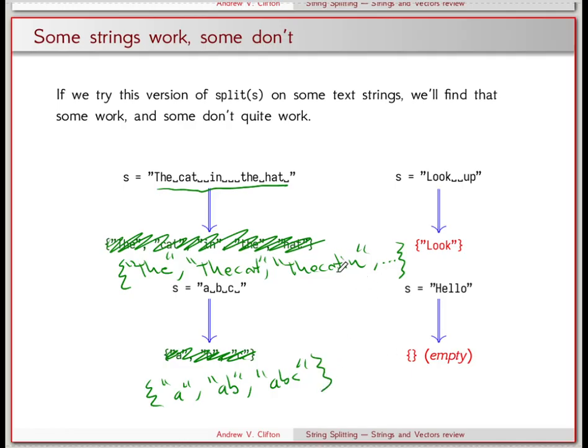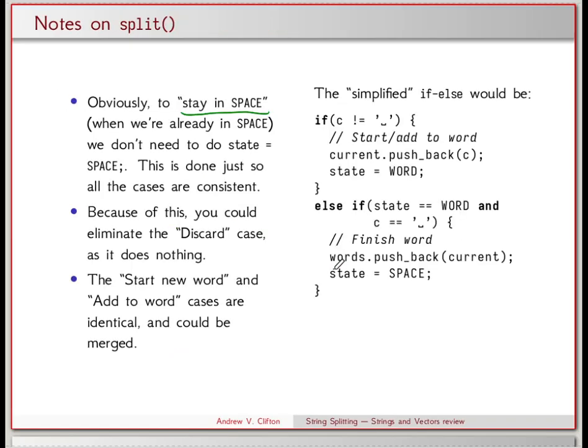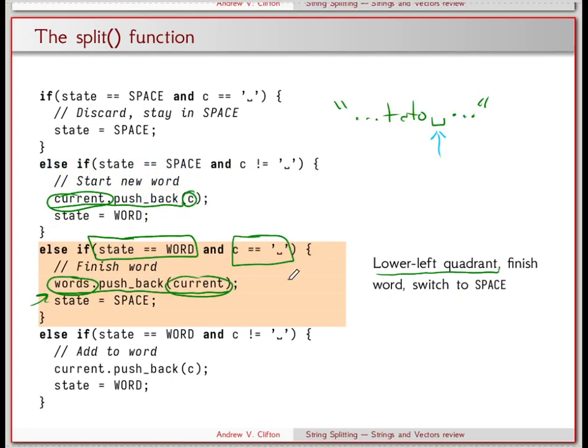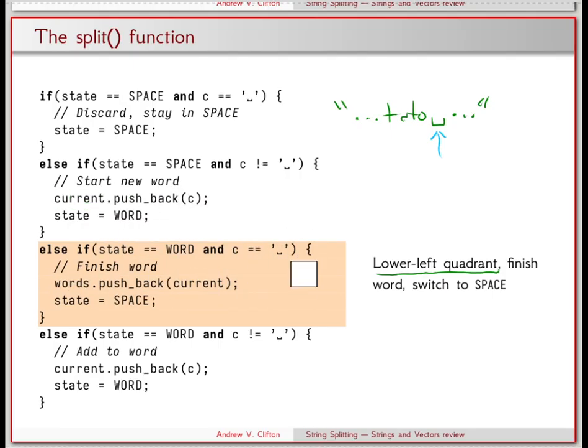So the problem with this, let me go back to the code that we looked at up here, is in this one right here. Let me clean this up a little bit so we can see where the problem is. When we start out, when the function begins, the value of current is the empty string.